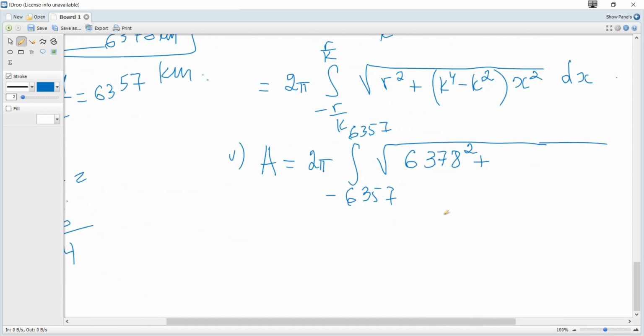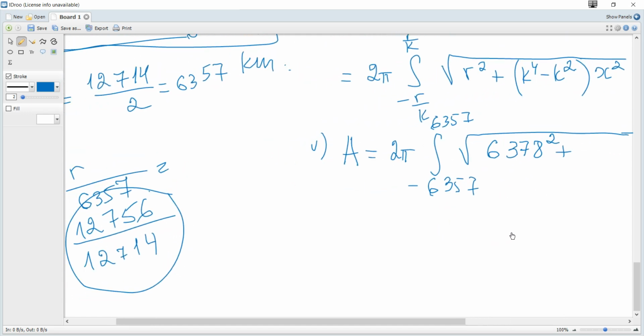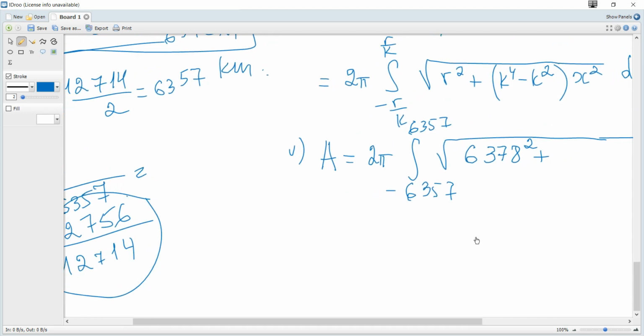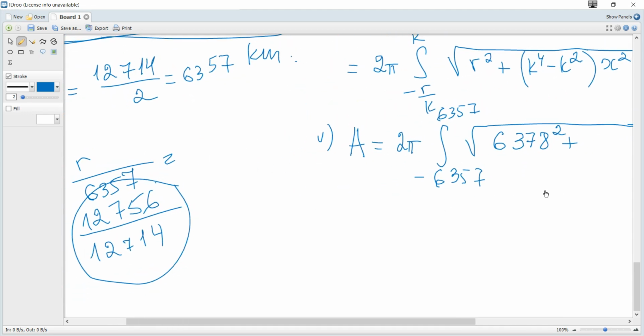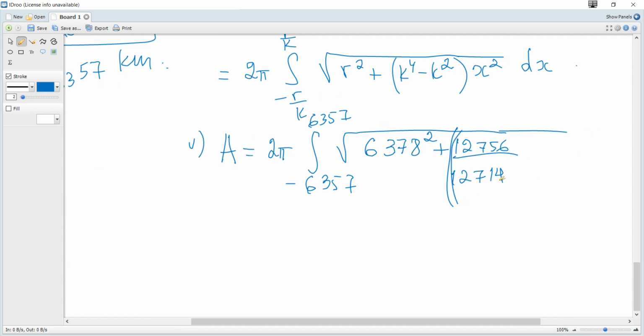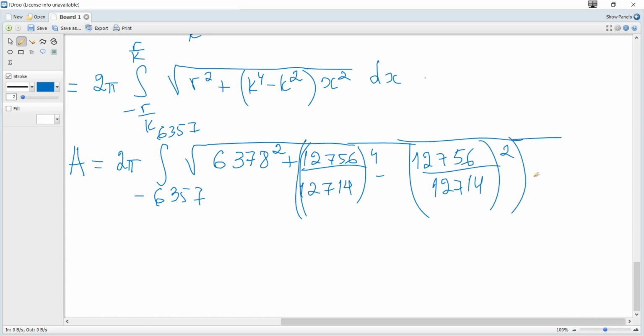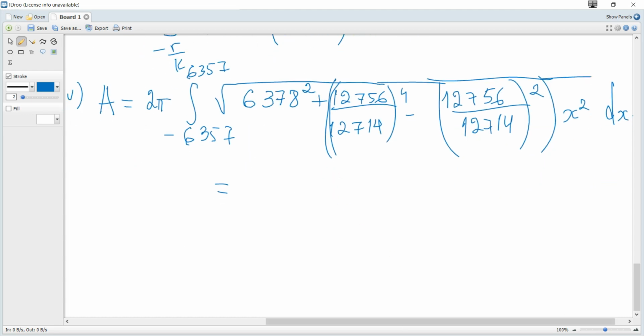We need the exact value, so k is this value. We need to calculate with a calculator. So let's rewrite: it's 12,756 divided by 12,714 to the power of 4 minus the same squared, x squared dx, and we just calculate it with the calculator.